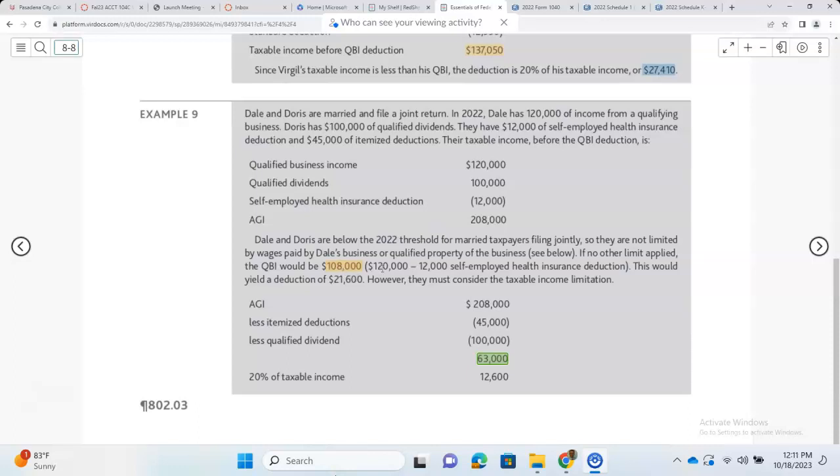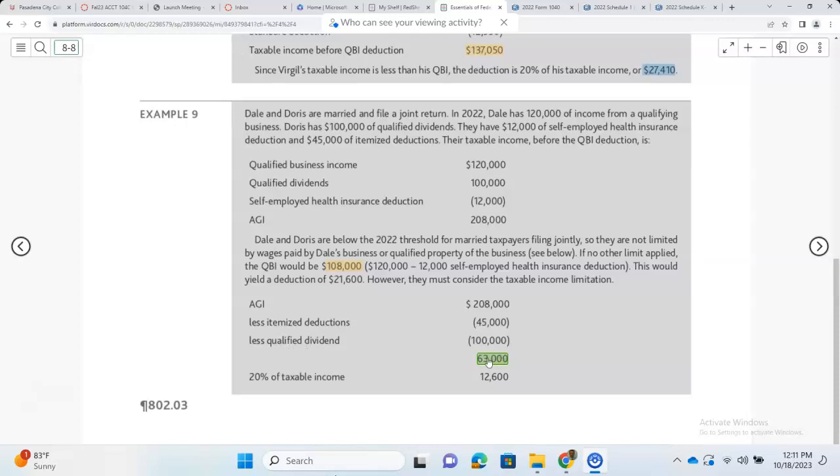108 is coming from 120 minus self-employment health insurance. Yes, normally you like to multiply that with 20%, but wait. Taxable income is only 63,000, which is AGI less itemized deduction, less, remember, qualified dividends are not included.